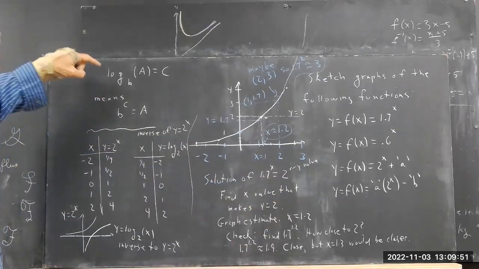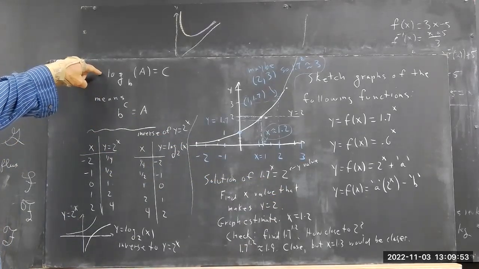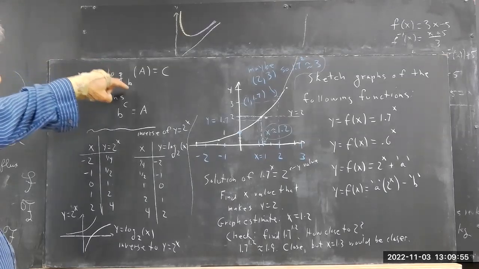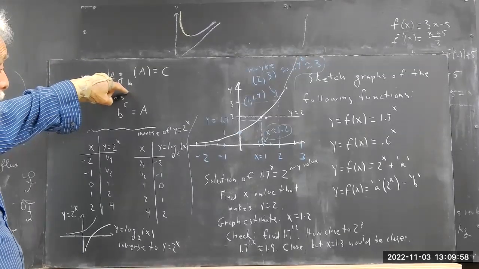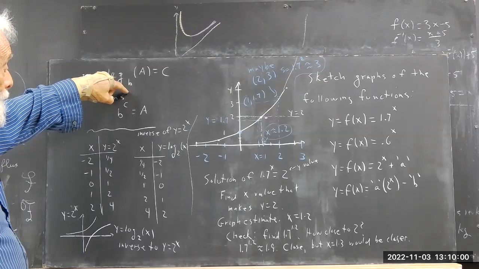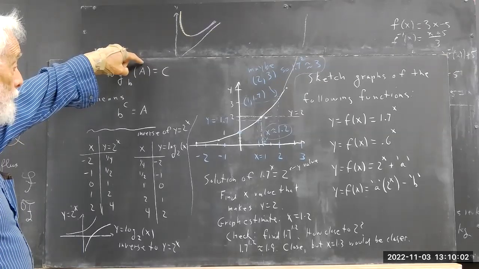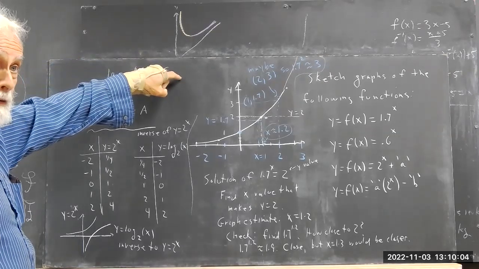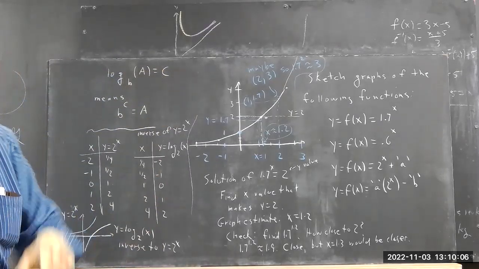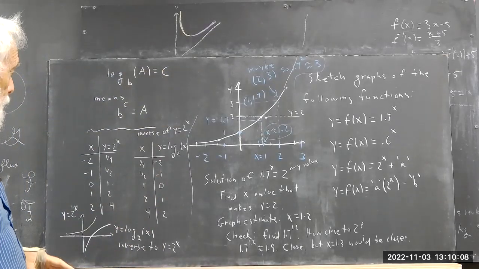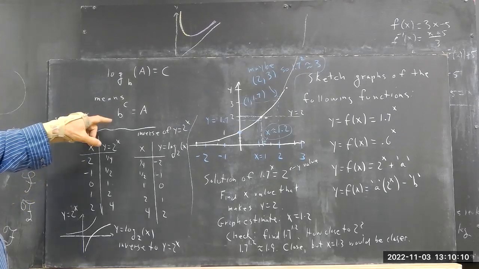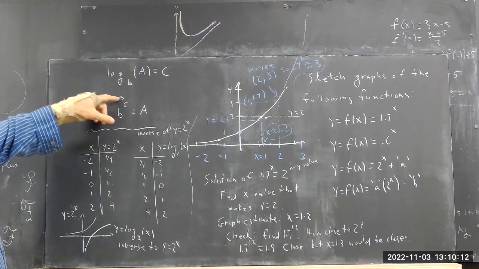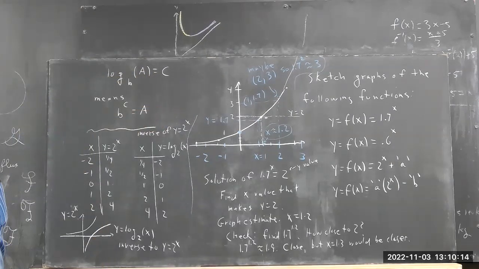If I put the function in this form, I get log base 1.7 of 2 equals x. Now, you don't necessarily have to follow that right away, but if you write out what b is, what c is, and what a is, and then just write this out, you get it.